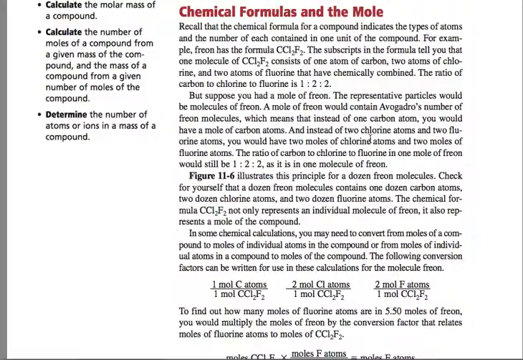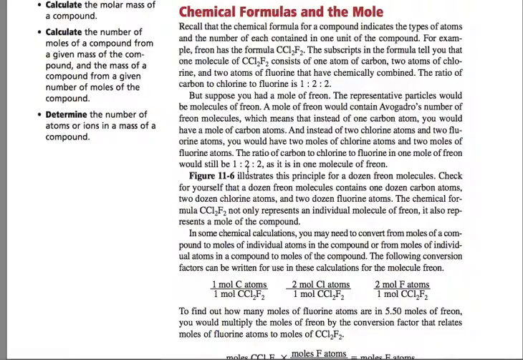And instead of 2 chlorine atoms and 2 fluorine atoms, you would have 2 moles of chlorine atoms and 2 moles of fluorine atoms. The ratio of carbon to chlorine to fluorine in 1 mole of Freon would still be 1 to 2 to 2, as it is in 1 molecule of Freon.